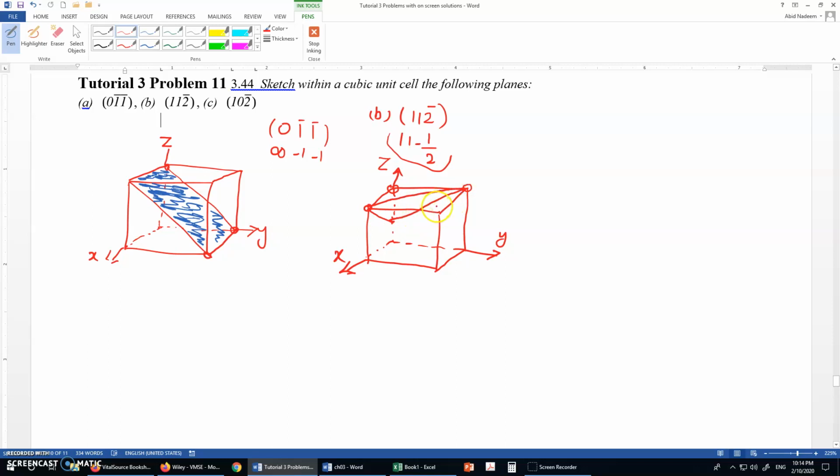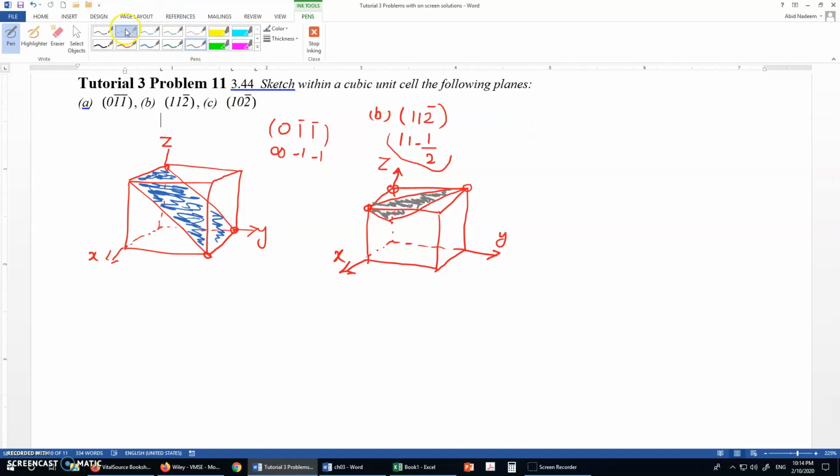You can see that this plane is near the top edge but slightly inclined towards the z-axis. Okay, so this will be the plane 1 1 2 bar.